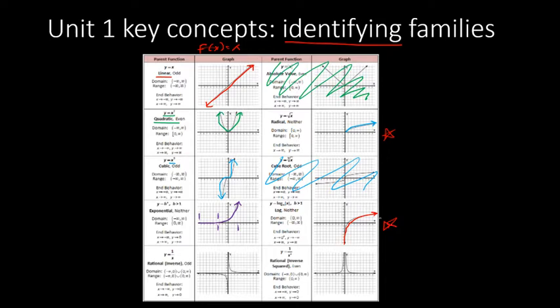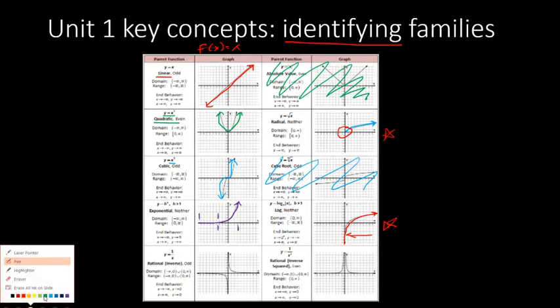These two parent functions look a bit alike. The difference is, though, you can see that the radical function originates at the origin, 0, 0, and then grows, whereas when we have our logarithmic function, we've got this asymptote that goes on and downward forever. We've got a vertical asymptote. Now, it wouldn't always be on the y-axis. This is just the parent function, which is why you're seeing that on the y-axis.